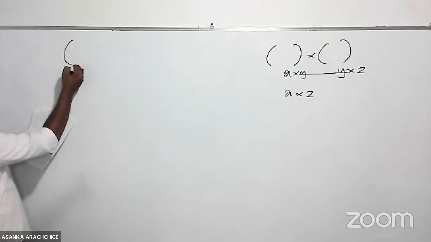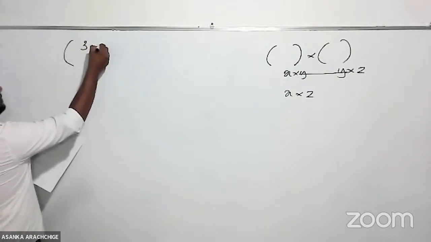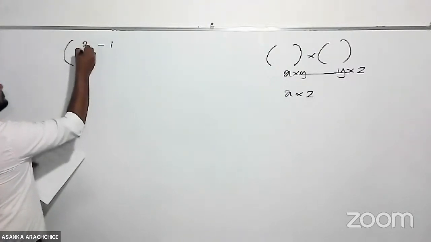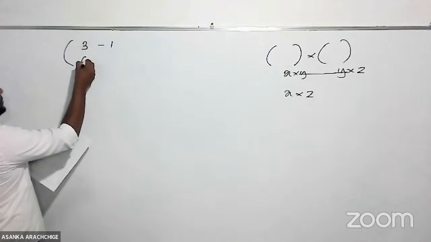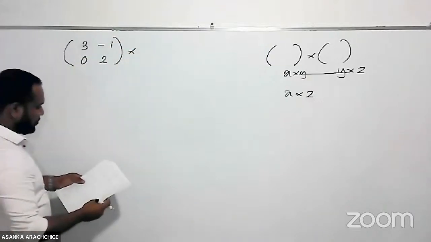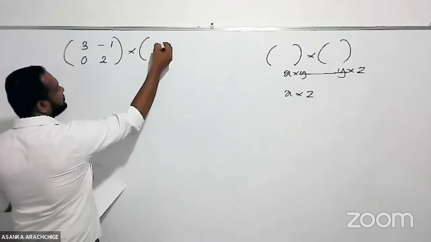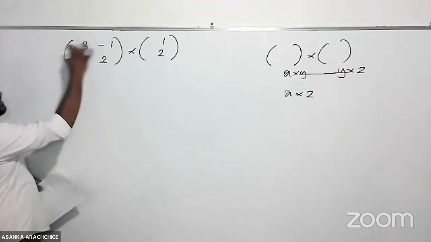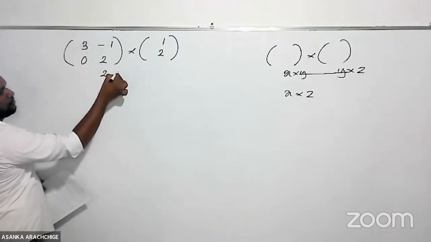First one, 3 minus 1, 0, 2 into 1, 2. What is the order of this matrix? Number of rows, 2.